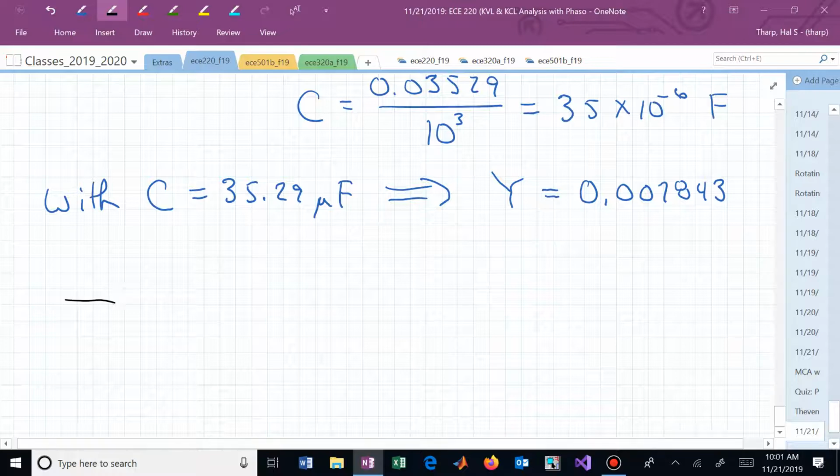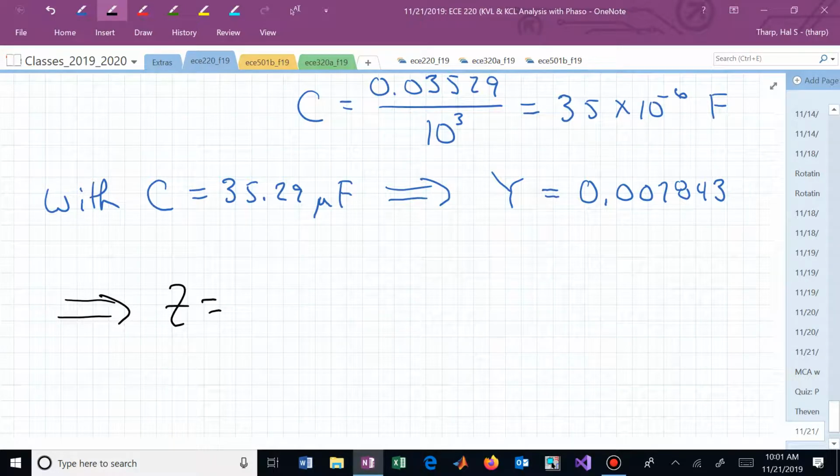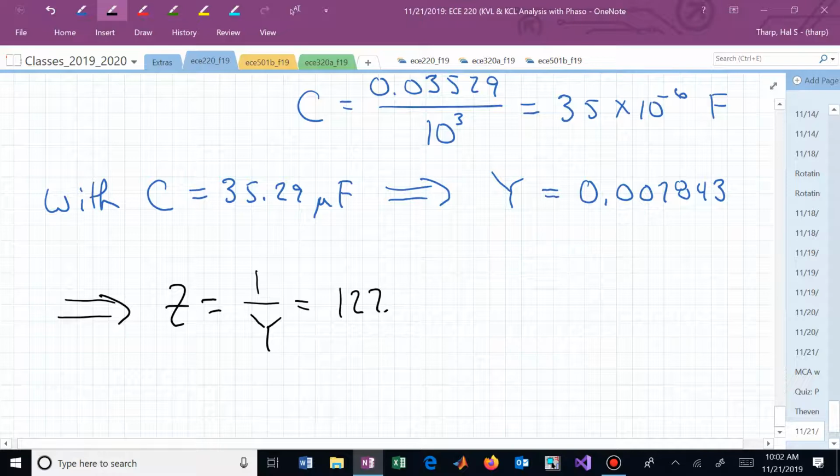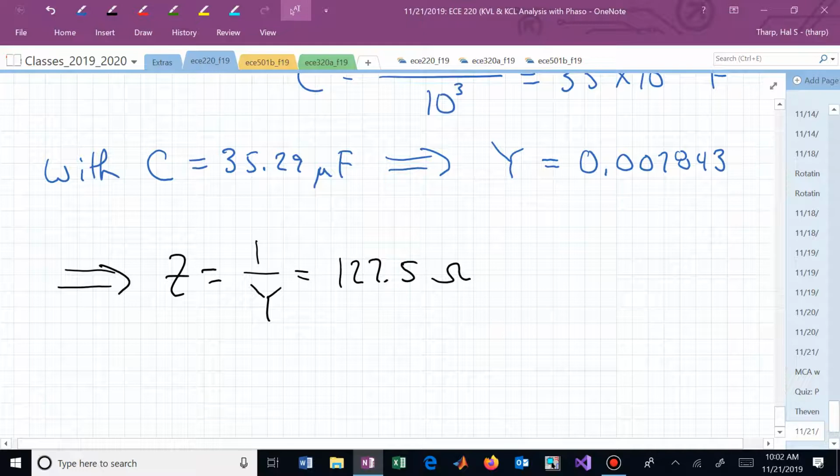The impedance now that the power company is seeing, that's the parallel combination of the capacitor with the series R and inductor for our motor. This is now 1 over Y, which is going to end up being 127.5 ohms. Just dividing 0.007843 into 1.